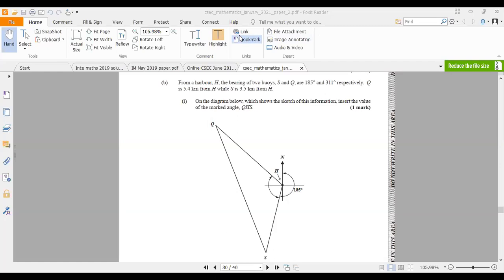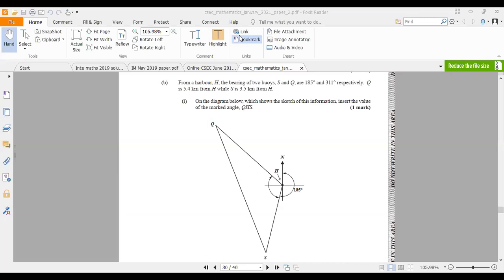They say from Harbor H, the bearing of two buoys S and Q are 185 and 311 degrees respectively. Q is 5.4 kilometers from H, while S is 3.5 kilometers from H, right?